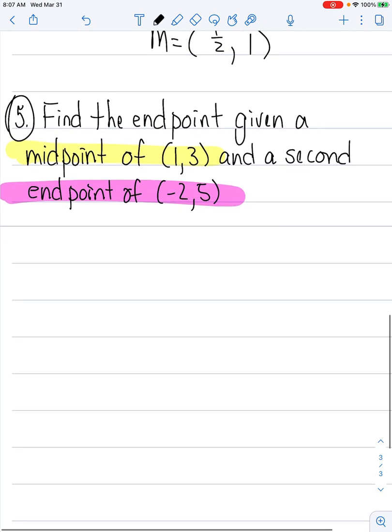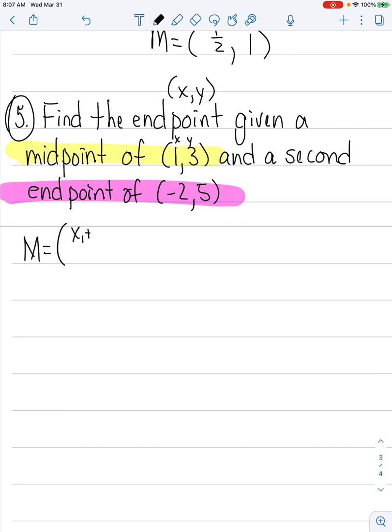So what we actually do, remember, a point is x, y. So I have to split that midpoint up, x, y, and find the x and y. Here's what I mean. The typical midpoint formula is add your x's, divide by 2, add your y's, divide by 2.